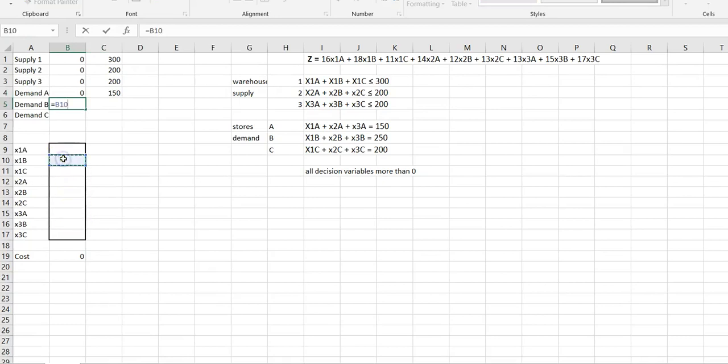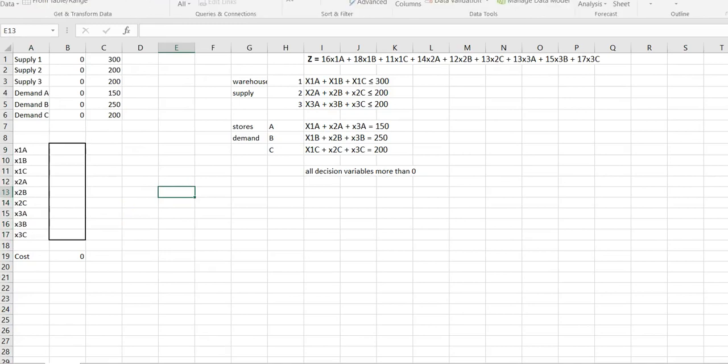B, 1B, 2B, 3B, and that equals 250. 1C, 2C, 3C. Okay, so you can see why it's important to put these labels here in column A. It really helps you when you have a lot of variables.